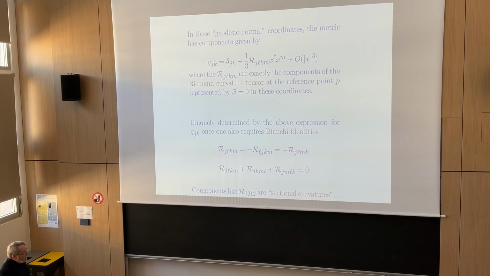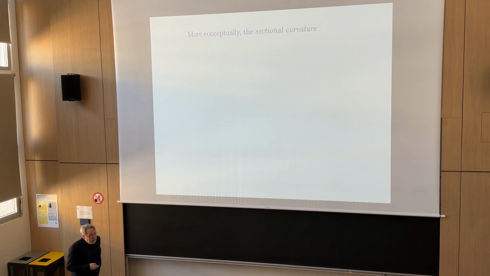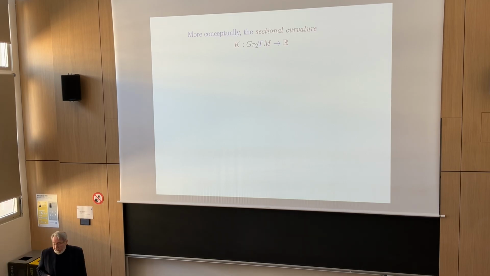So in particular, in this orthonormal frame, a component like R1212 is an example of a sectional curvature. The sectional curvature, which is not going to be one of the fixations of this particular set of lectures, but it's important to know what it is, is a function on the Grassmannian of two planes in the tangent spaces of the manifold.